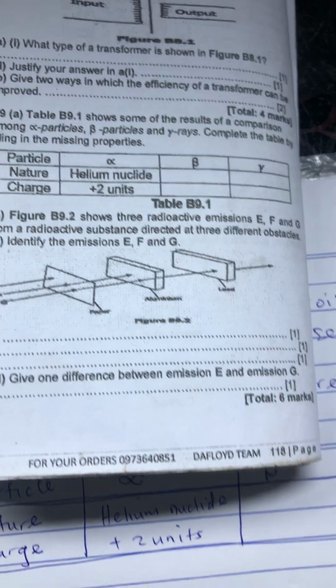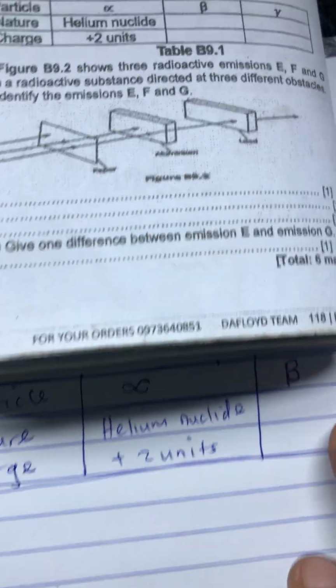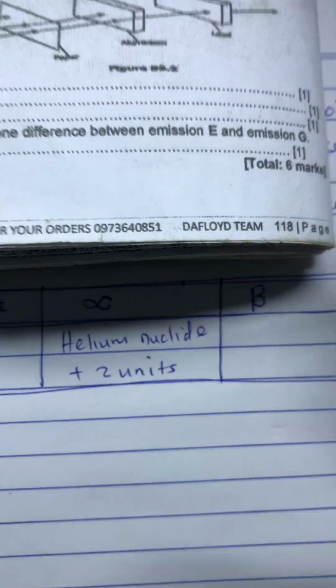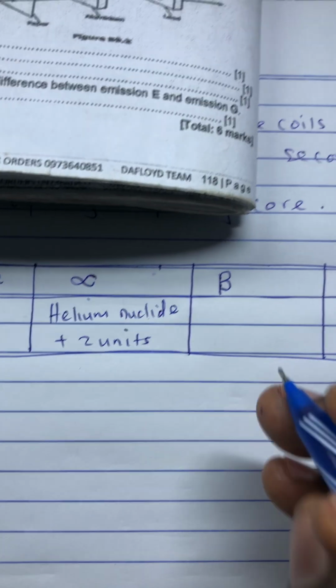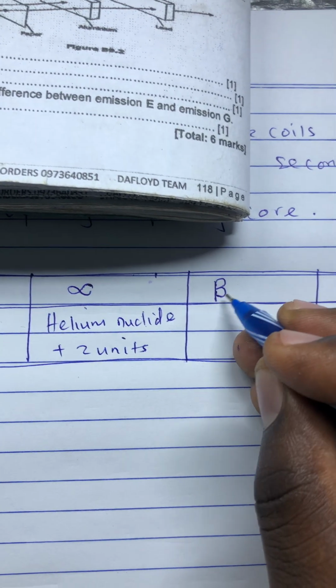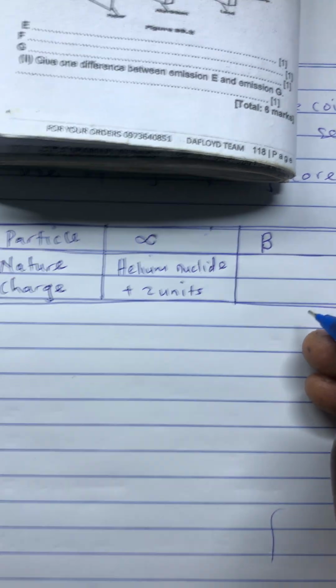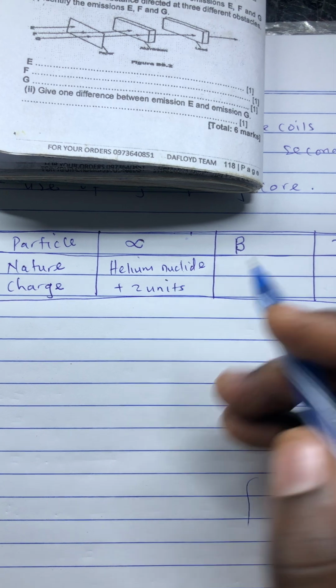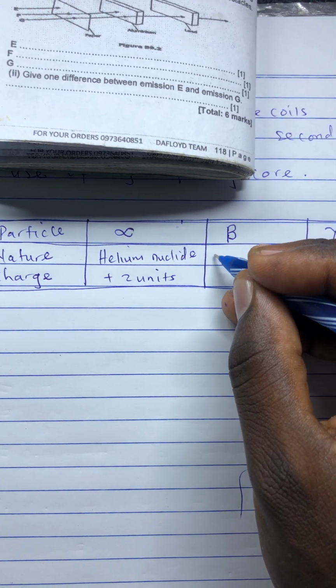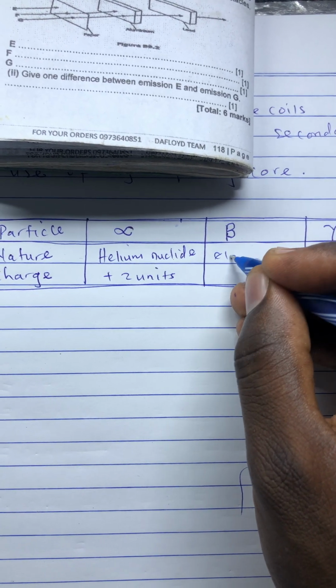So let's look at the B. Okay, I've drawn a very simple table here just to help you. So this one is a B particle. What is the nature of a B particle? Since this one is a helium nuclide, we can say this one is an electron.